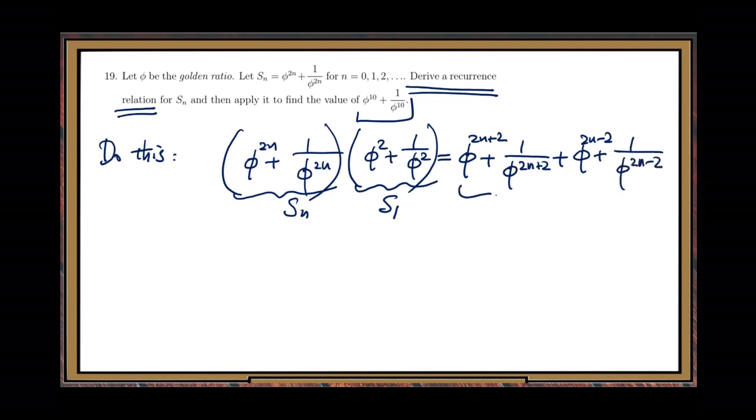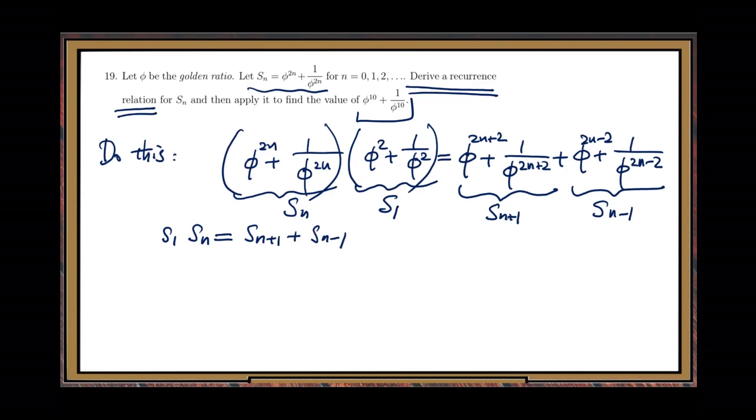So what is this expression based on our definition? S_n plus 1, right? And what is this expression? S_n minus 1, right? So now you get a recurrence relation: S_1 times S_n equals S_n plus 1 plus S_n minus 1.